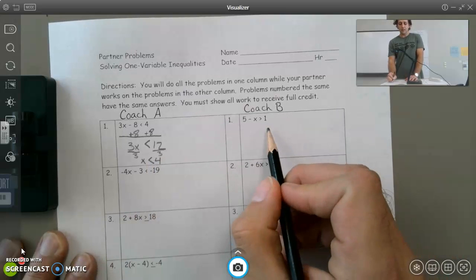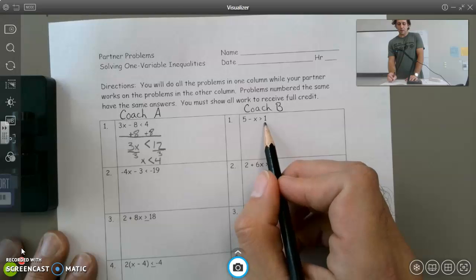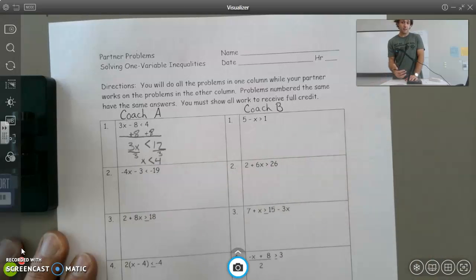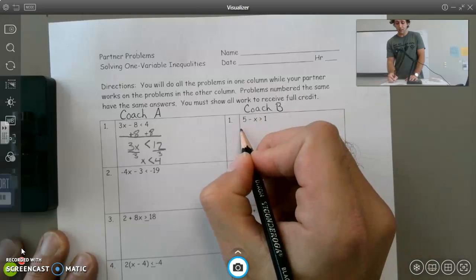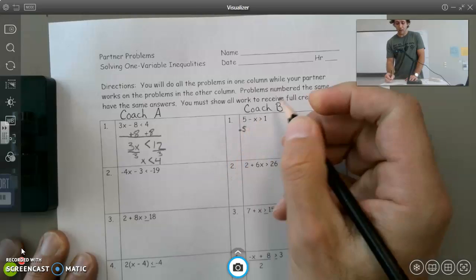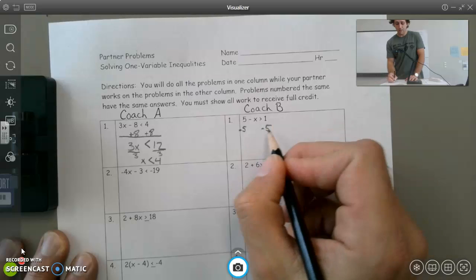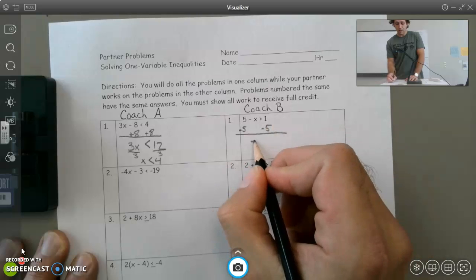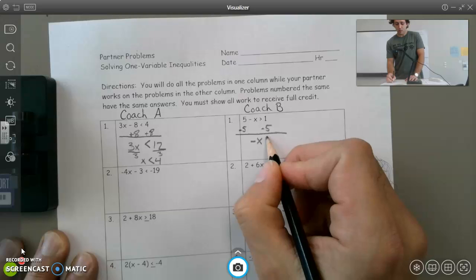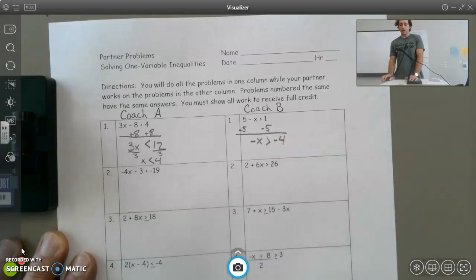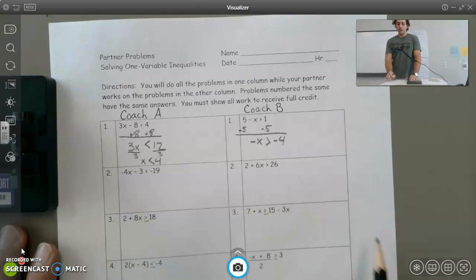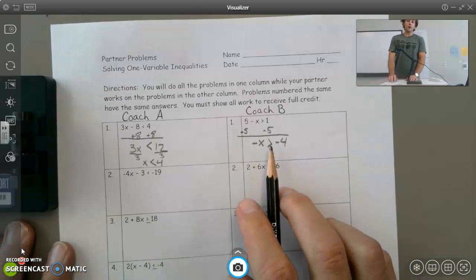Now let's come over here to this side and try this problem. I should get x is less than 4 for my answer. I want my constant to be 0, so I'm going to subtract 5. Subtract 5, I would get negative x is greater than negative 4. Now, I'm not solving for negative x, I'm solving for positive x.